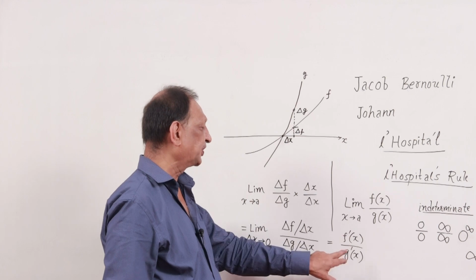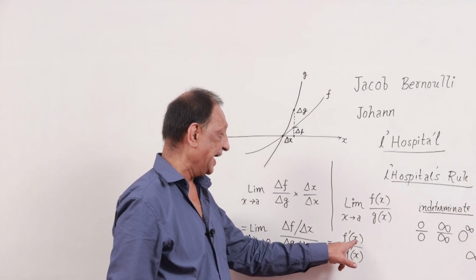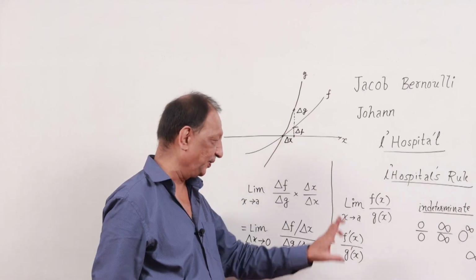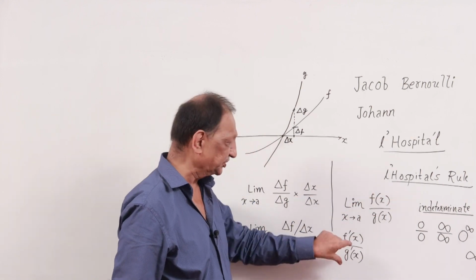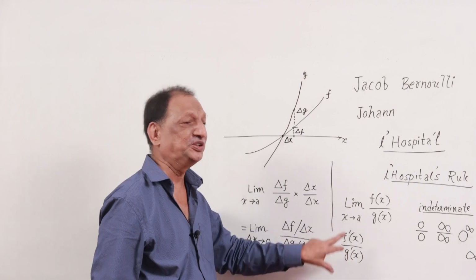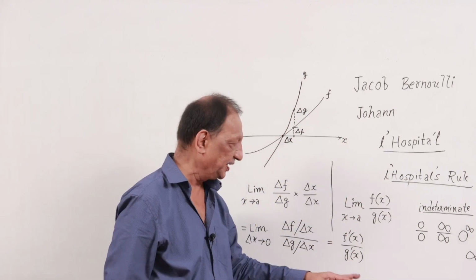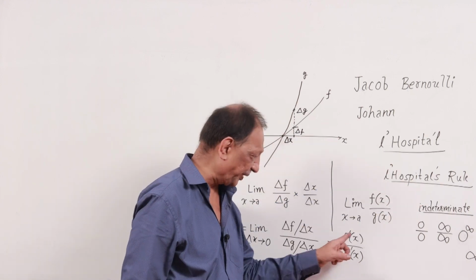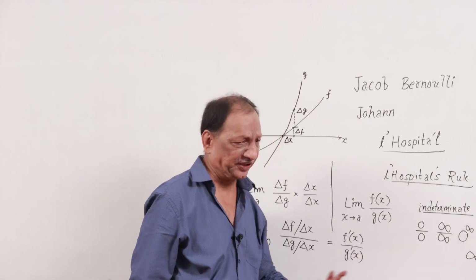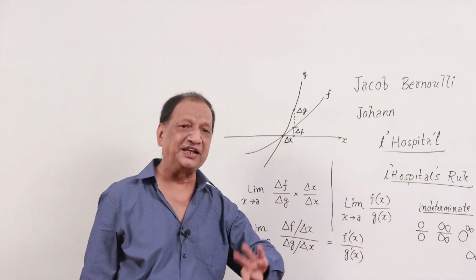Now if I can substitute x equal to a and find that f prime a is not 0, or at least g prime a is not 0, if it is guaranteed, I can actually substitute the value there. F prime a divided by g prime a will be the limit that I want. Sometimes you find even these two are zeros. That means f prime x also goes to 0, g prime x also goes to 0. I can reapply the same rule again.